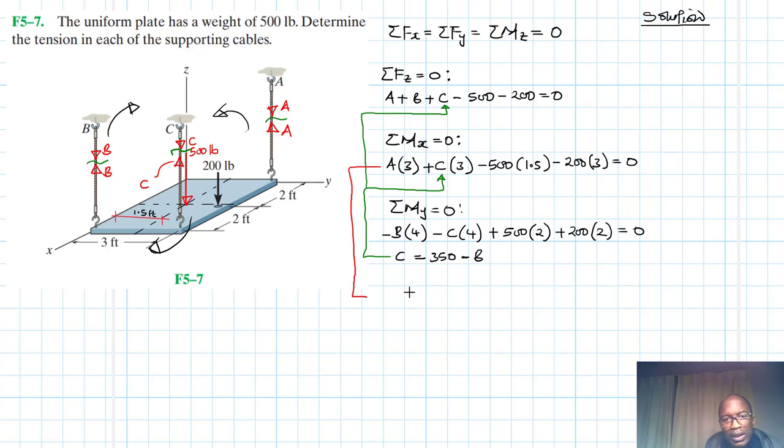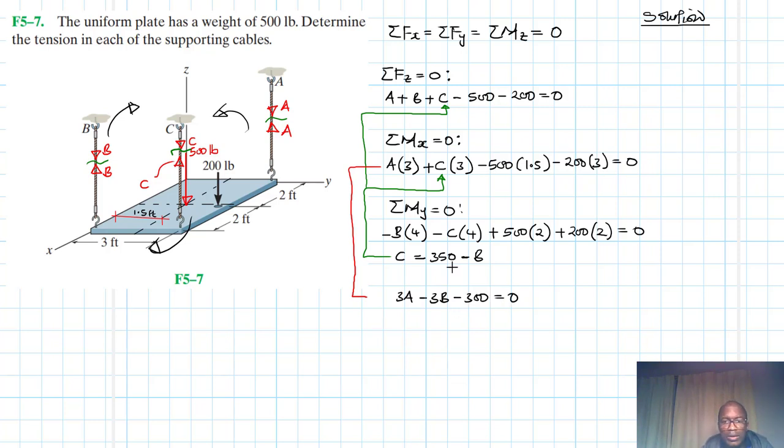So this gives us 3A plus 3 minus 3B, and then minus 300 equal to 0, right?